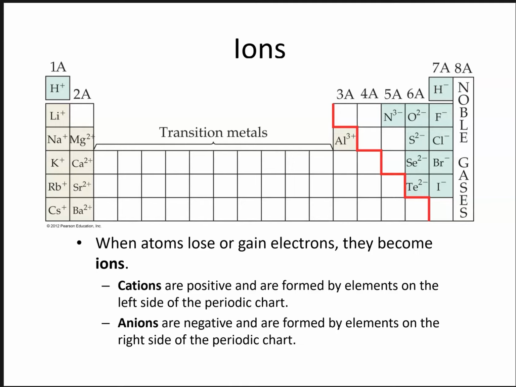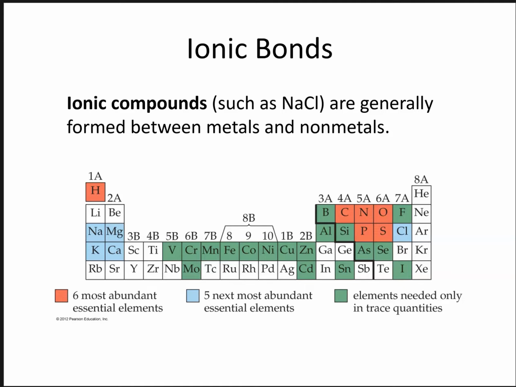And then in the middle of the periodic table, we have the transition metals. And transition metals form cations, but they can have multiple charge states. It depends on how many anions are paired up with it and what the charge of those anions are. So it's a little bit of a guessing game, and there's a way you can actually work that out mathematically to figure out the right ratio of cations to anions when they form ionic compounds.